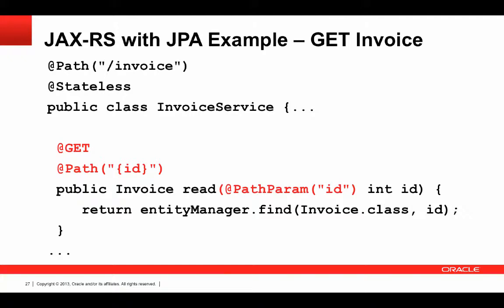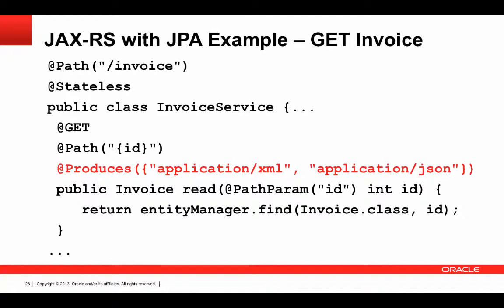That GET operation is going to have an ID value at the end of its URI, and we're going to map that into the input parameter through the @PathParam. There are many other ways you can do things with query parameters and matrix parameters, but here we're going to do the very simplest: invoice/ID, take the ID off the end, pass it into this method, and then I can invoke the JPA operation.